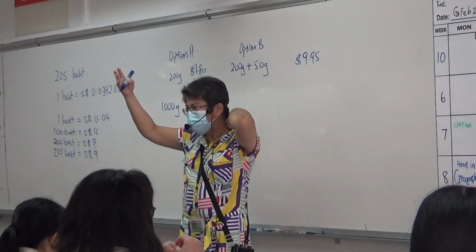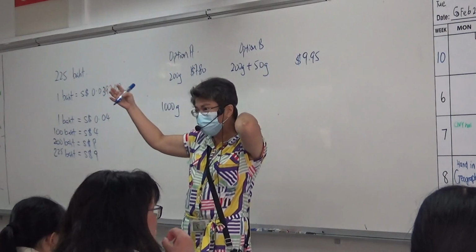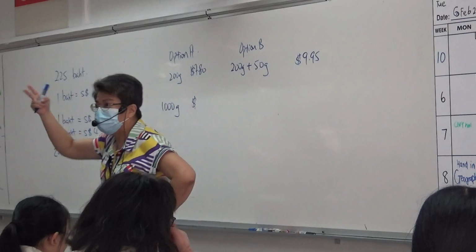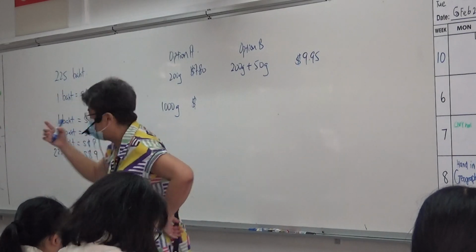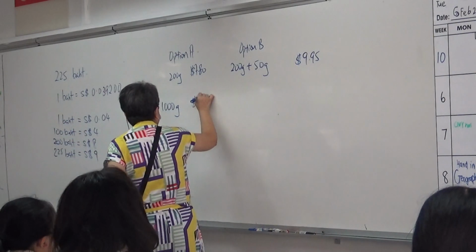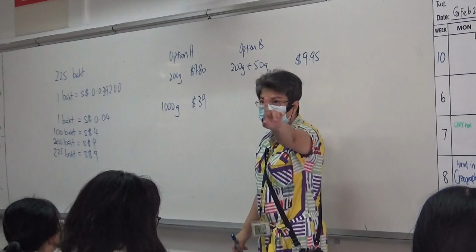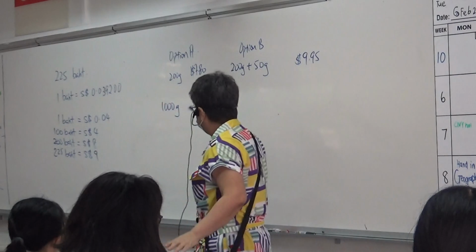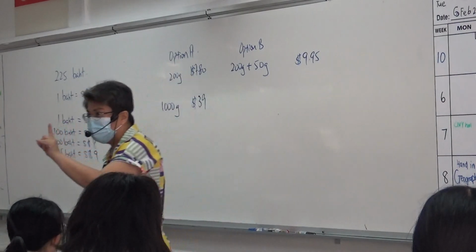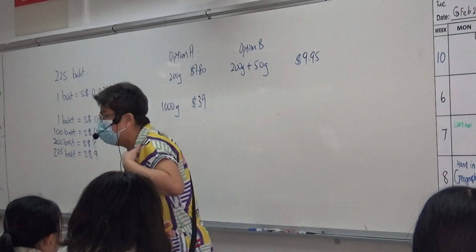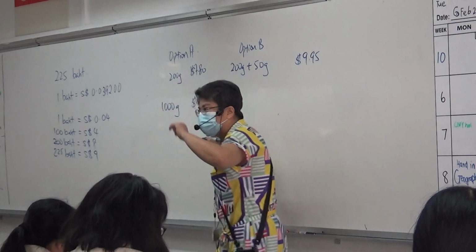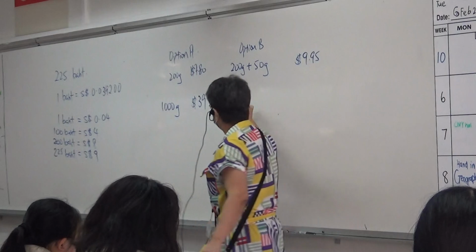Let's say 8 times 5 is 40, correct? Then I must deduct 20 cents times 5, which is $1. So this one becomes $39. Can you see what I'm talking about? It's easier this way, because if I do convert like the textbook, it's very confusing. I have my own way of doing it. Now, 250 grams, I must times what to get 1,000 grams? 4. Very good.